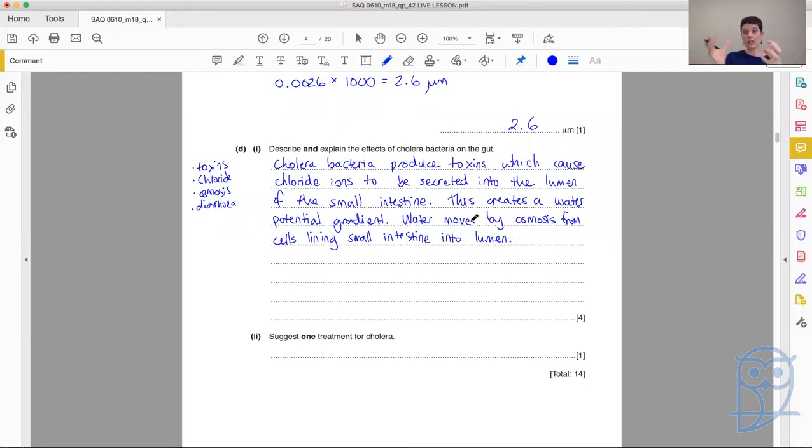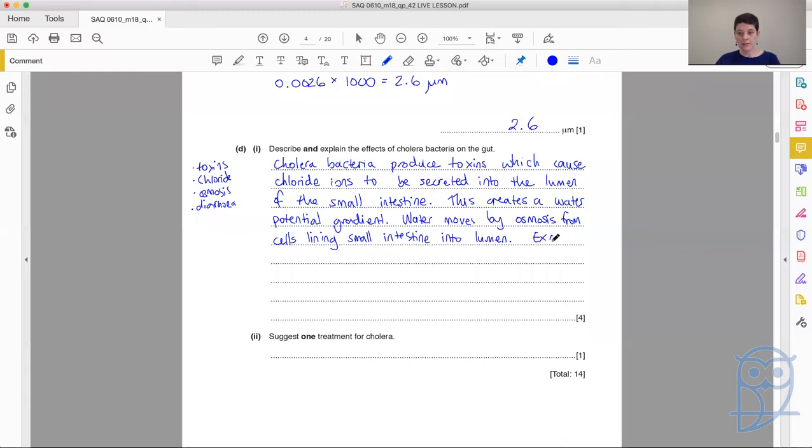So we've got water coming out, okay? This also can lead to loss of salts from the blood, but we're talking about the effect of the cholera bacteria on the gut. Okay, so we have all this extra water in the lumen of the small intestine, and that leads to diarrhea.